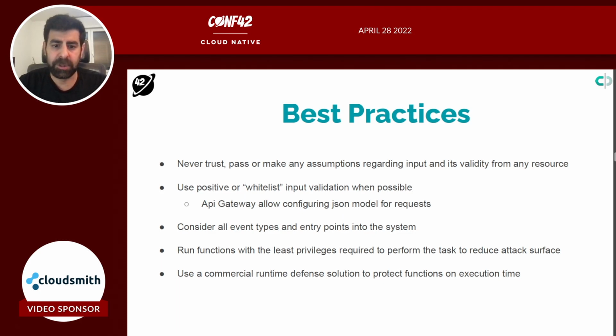And of course, just to limit the impact, you should run functions with least privilege, meaning just the required permission for the function. There are also some commercial tools that help you protect your functions in runtime or detect security best practices, shift left, basically.